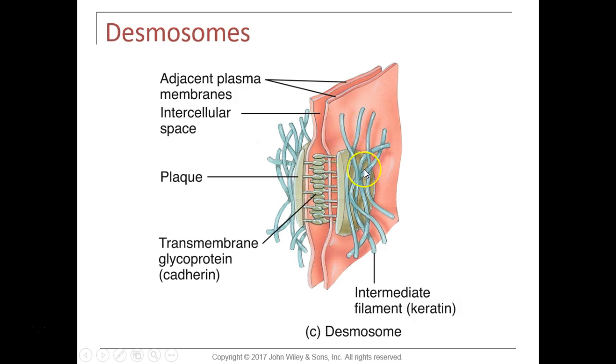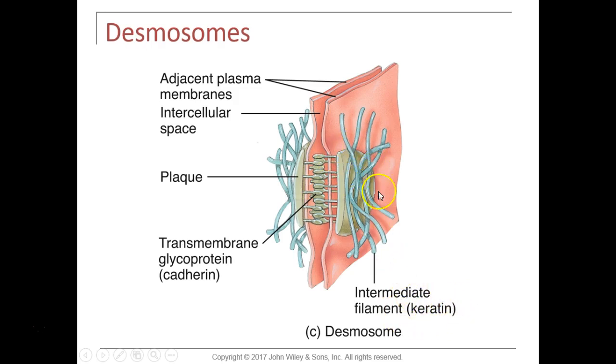Here they show these little blue fibers. These are a type of protein fiber of the cytoskeleton, which are called intermediate filaments, and one type of intermediate filament that is pretty prevalent out of the 3 that are in the cytoskeleton is keratin.